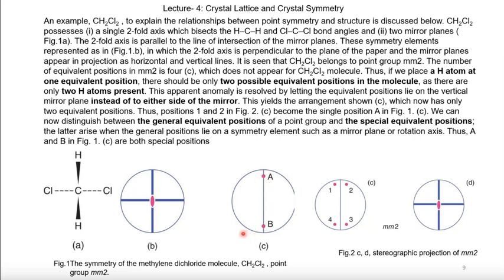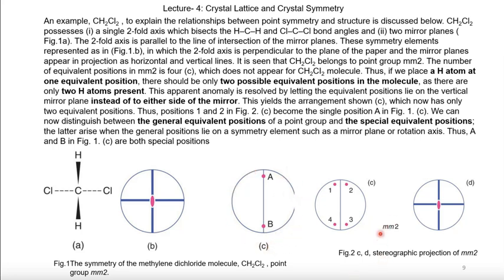This is because we have general equivalent positions and special equivalent positions. If the equivalent position falls on a symmetry element, in this case a mirror plane, then these are special equivalent points, and the 4 equivalent points reduce to 2 equivalent points.